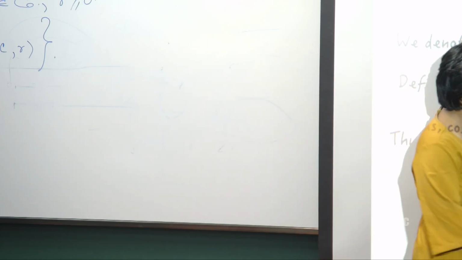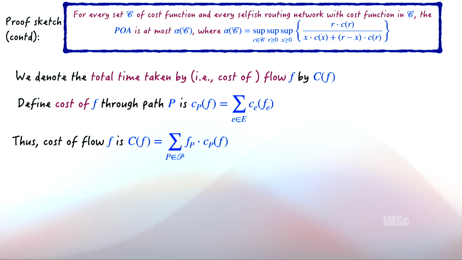One such term tells you the delay experienced by people who are on this path P. There are f of p of them. Each one is experiencing Cp of f amount of delay. So, together they are experiencing this much. Now, I add over all paths. So, this is the total delay across the network, okay?